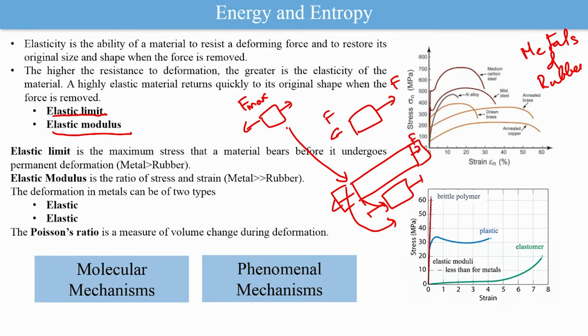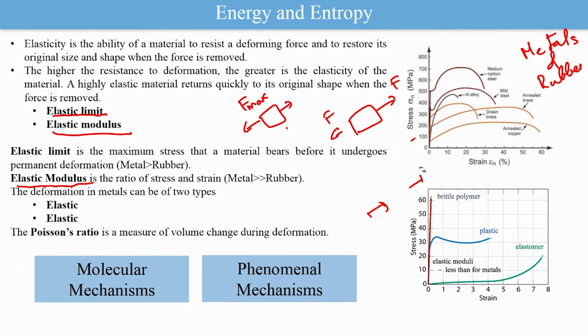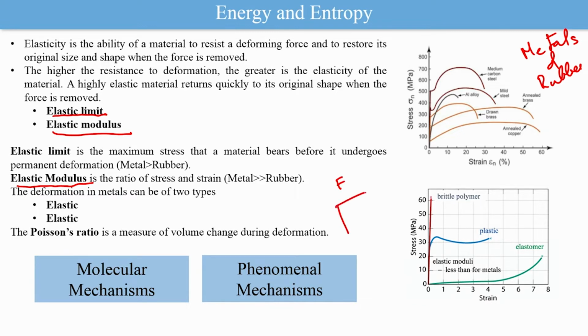Now, there is another term that we say is the elastic modulus. So, elastic modulus is nothing but the ratio of stress and strain. So, when you apply a force F on a block, okay, and of cross sectional area of A, it experiences a stress.